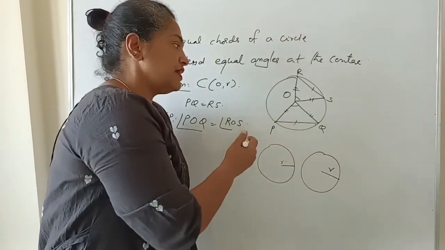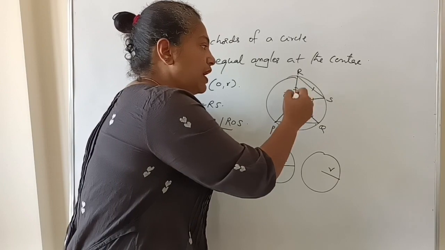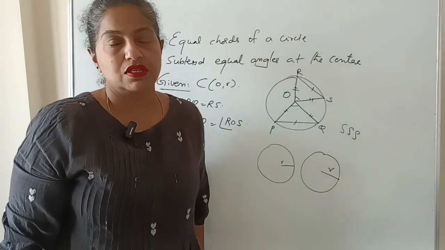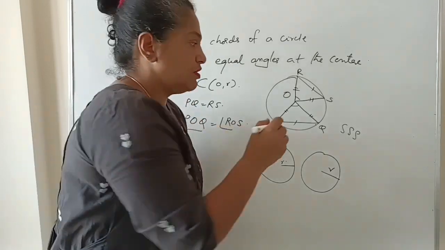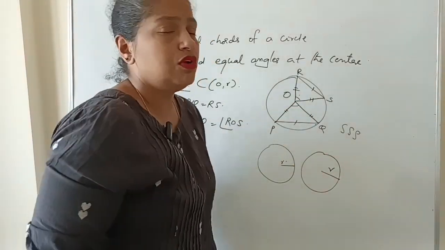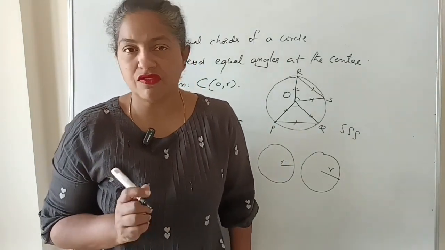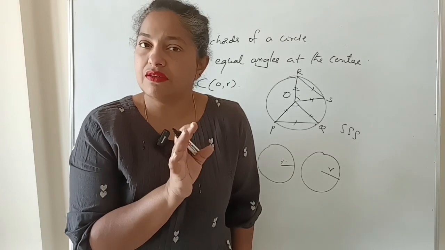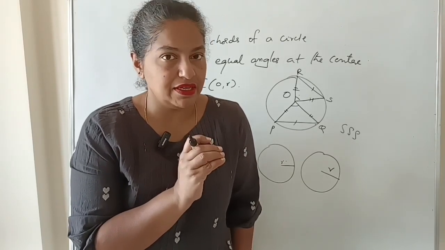So you can say that triangles POQ and ROS are congruent by SSS congruence. Now, because the two triangles are congruent, the angles ROS and POQ are equal by CPCT, corresponding parts of congruent triangles. Hence, they are equal. That is the first theorem given in the NCERT textbook.